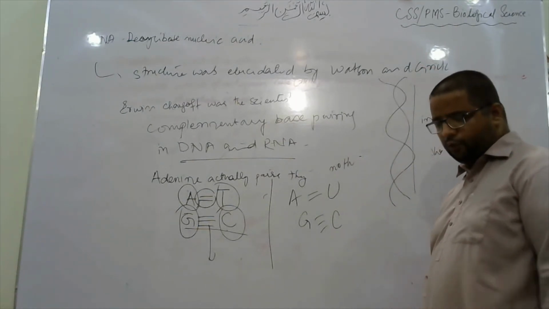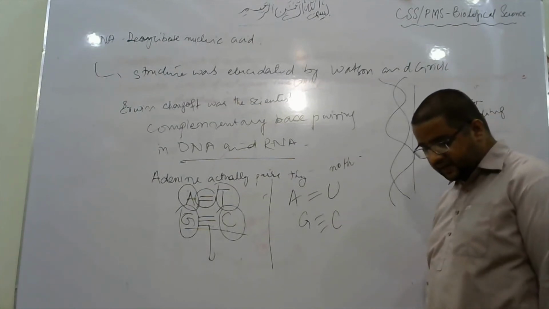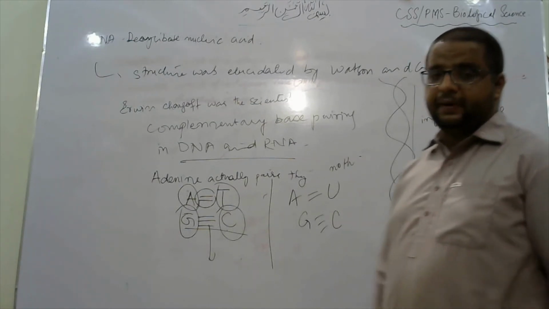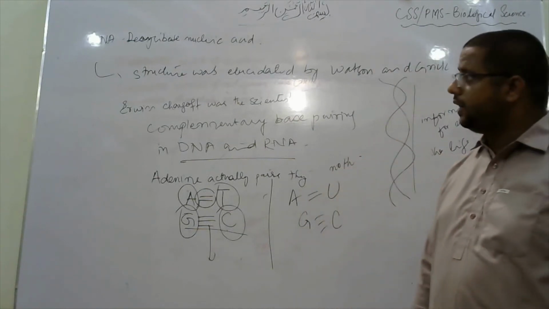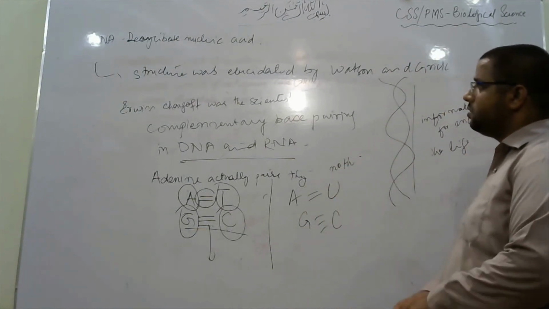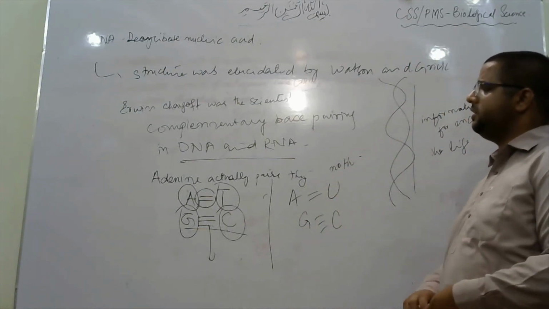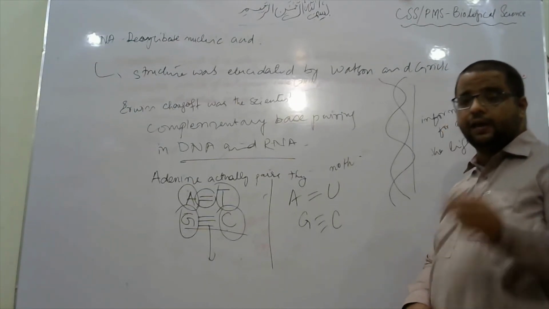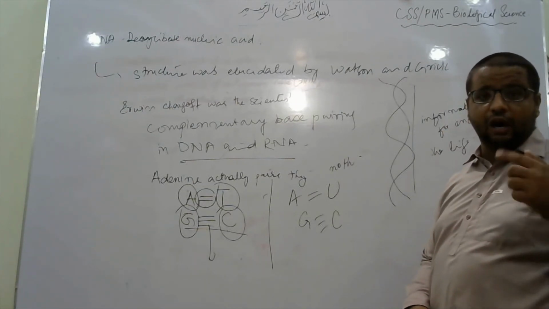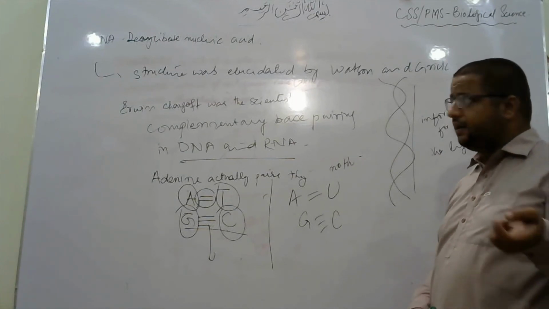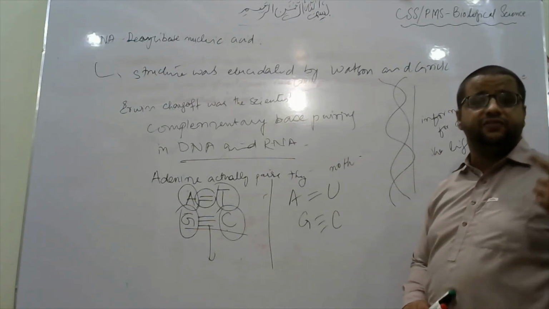DNA is a blueprint for life, so it's genetic material. DNA has the capability to replicate itself. So this is all about the DNA. We are going to discuss DNA replication in the next video tutorial, and we are going to discuss different types of RNA.